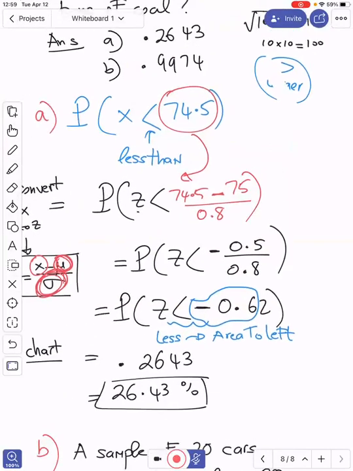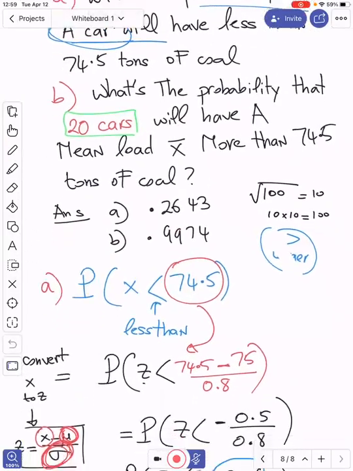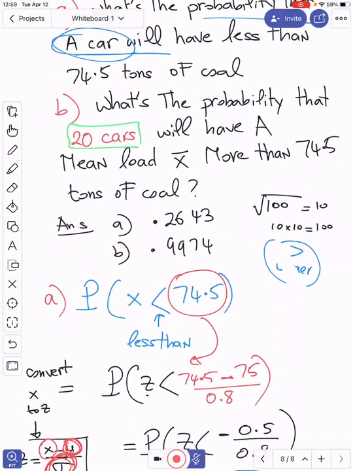Now we want to find the probability that 20 cars will have a mean load, or average load, X bar, more than 74.5.